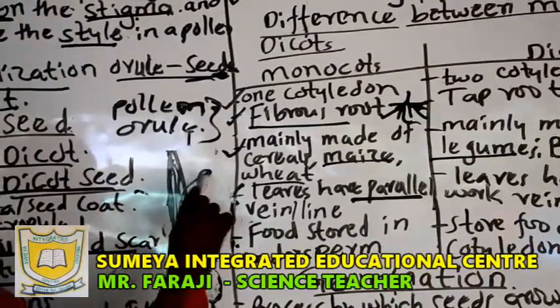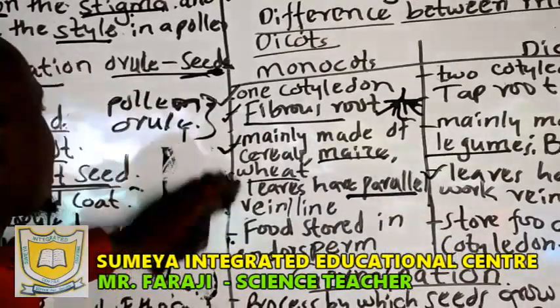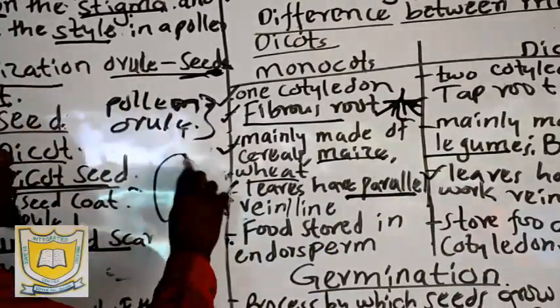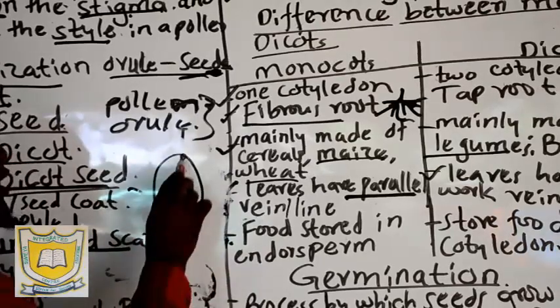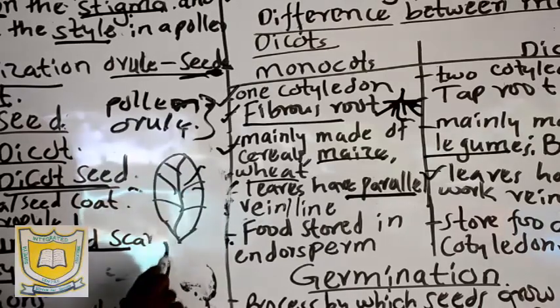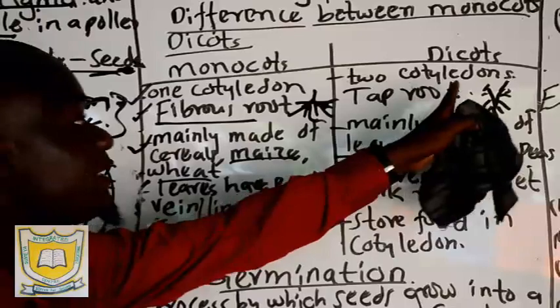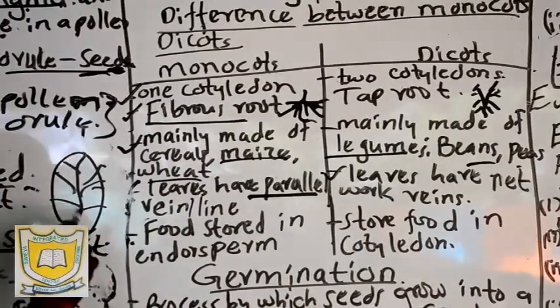Those are the parallel venation. When we talk of the net venation, that is in dicots, a broad leaf like that, it has the main vein, that is the midrib, but it has some branches. This means this is the net venation. So monocots have parallel venation, while the dicots have what we call the net venation.